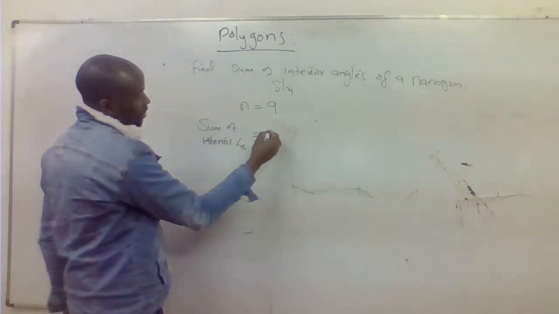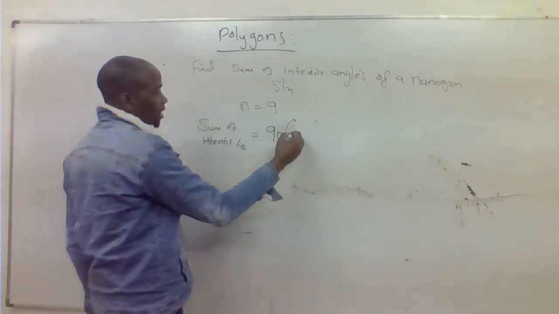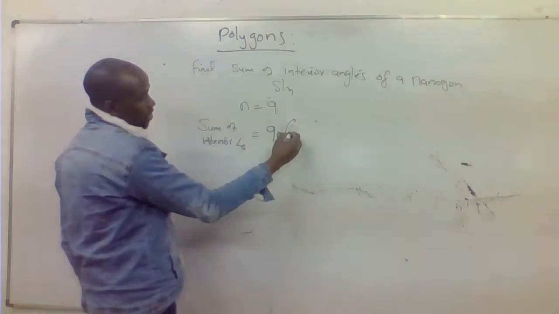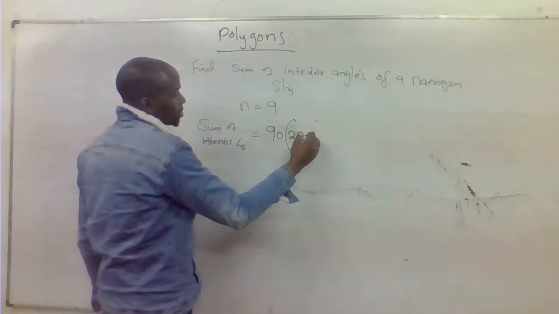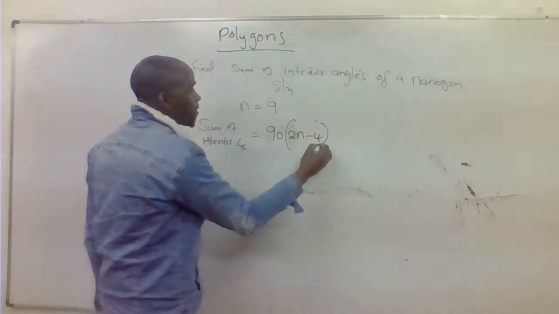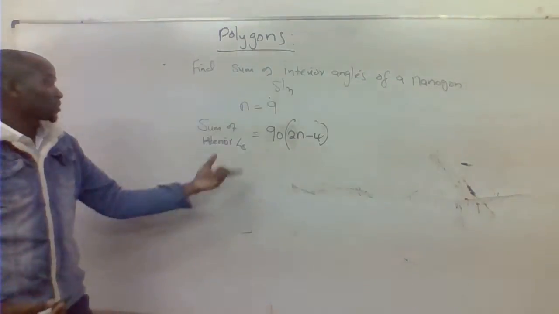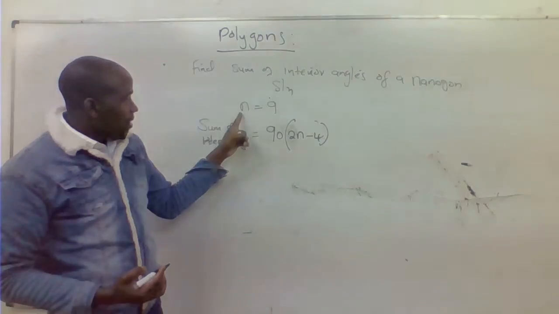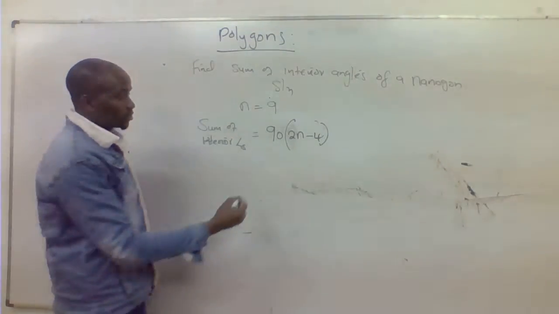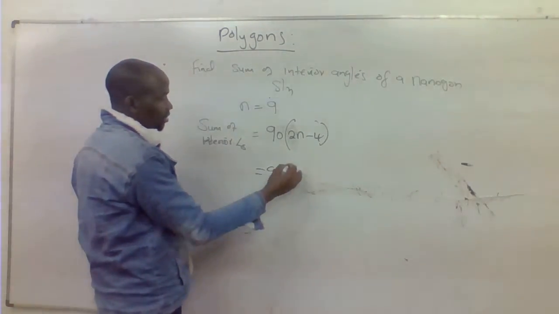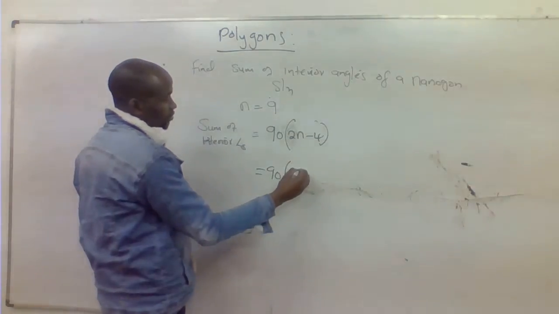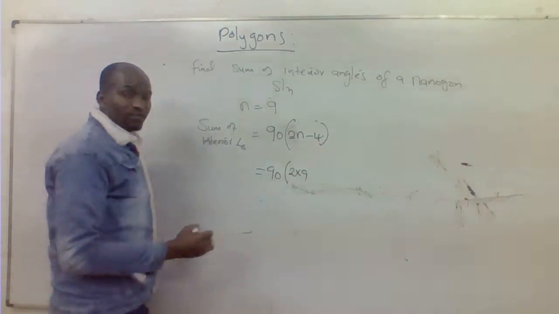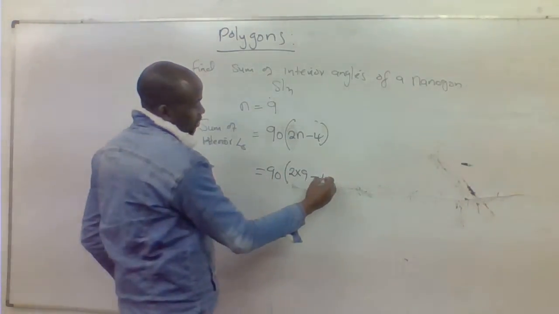You can also decide to use this: 90 into brackets 2n minus 4. Then you just need to substitute. So in our case we have n equals 9. So the sum will be 90 into brackets, we'll have now 2 times 9, which gives us 18. Then we subtract 4.